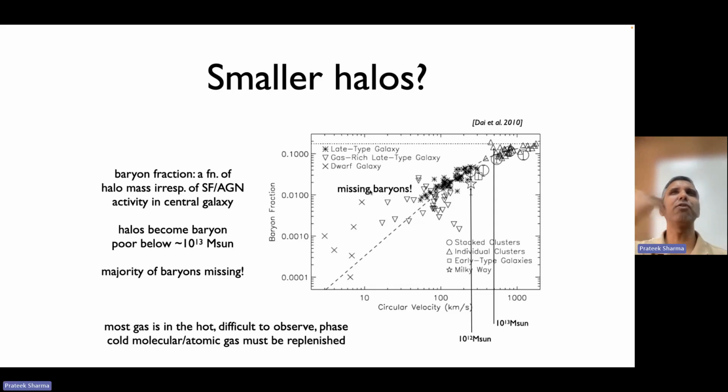We cannot account for them. The atmospheres are so diffuse that it's very difficult to detect them. Basically, star formation or AGN activity has pushed these baryons out of the galaxy and even beyond the halo. Most gas is in the hot, difficult to observe phase.